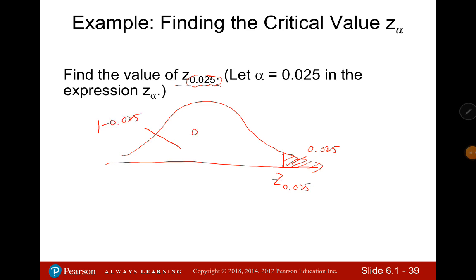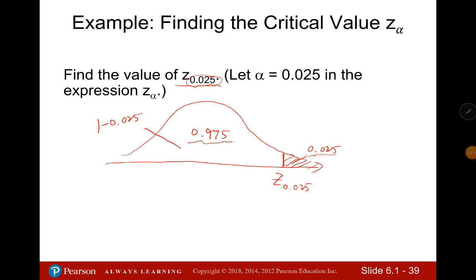We will get 0.975. This area to the left side is 0.975. We cannot directly use 0.025 to check our Z table, because it is not the area to the left. Your Z table only gives you the area to the left. So we use 0.975 to check your Z table.